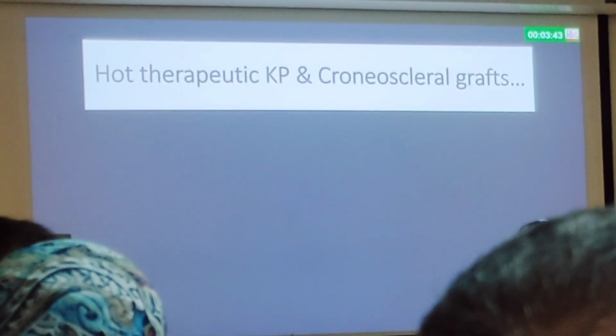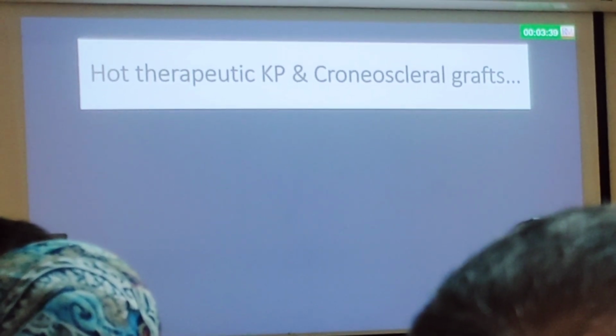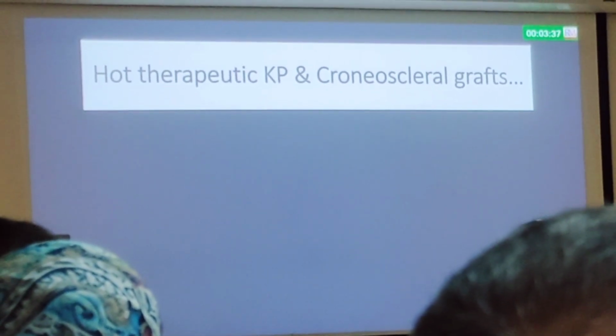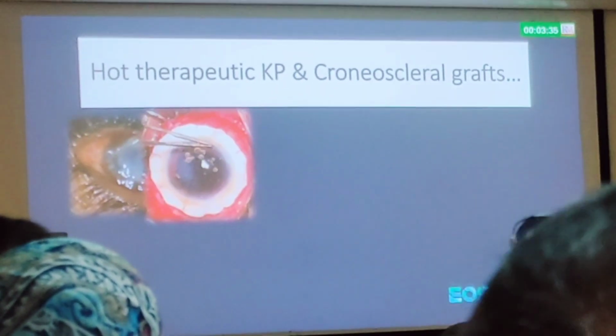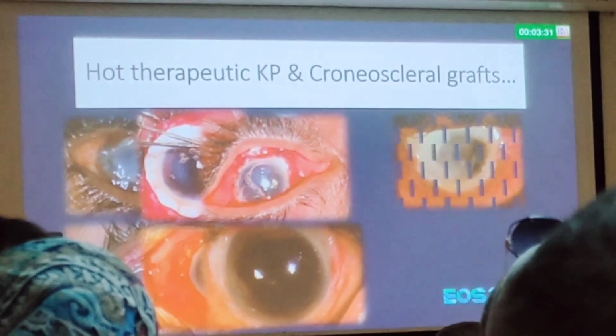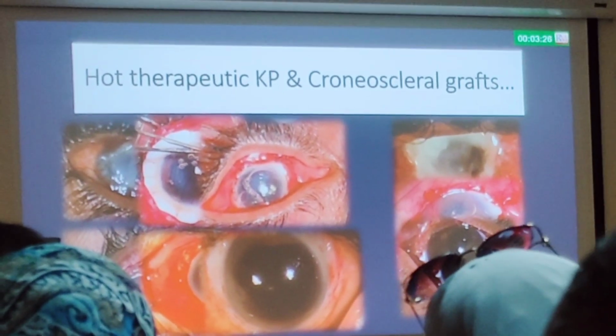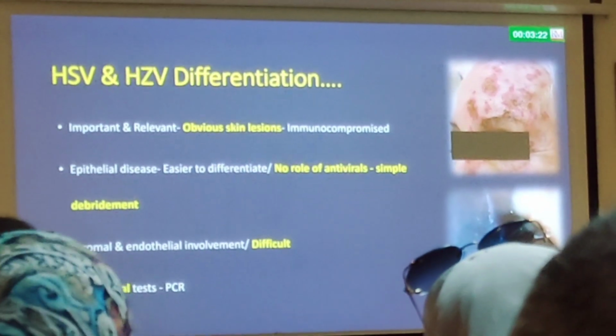Hot therapeutic keratoplasty and corneoscleral grafts are indicated in patients with advanced corneal melting and large central corneal perforation, as those cases are managed with corneoscleral grafting. And if it fails, it is to save the globe and for a potential optical keratoplasty.